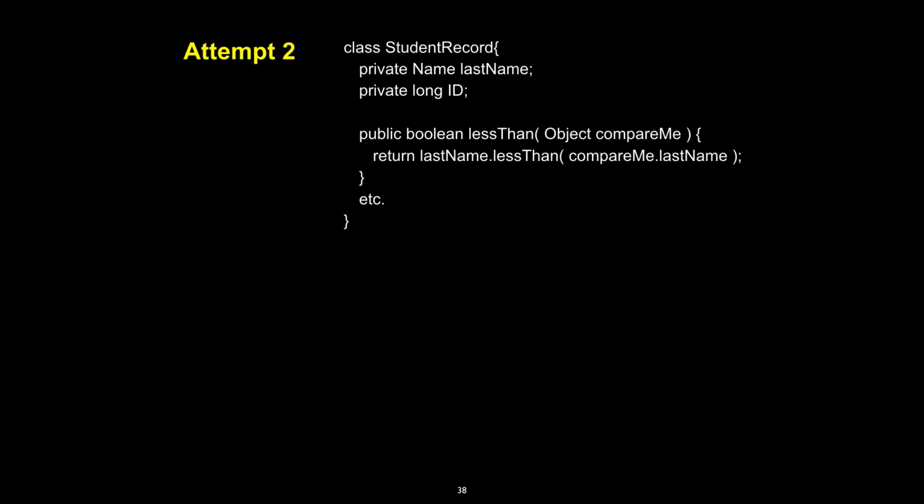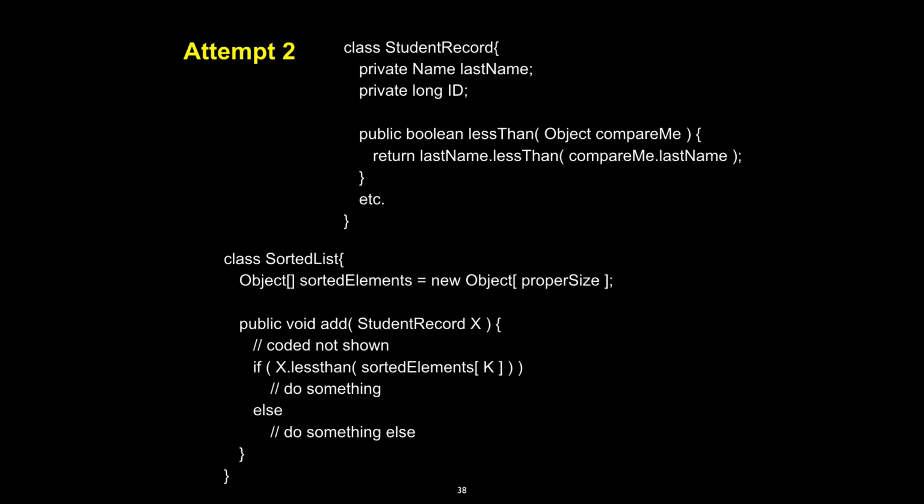So we could, since all students have some sort of method to compare each other, use that. And then, okay, this is better, because now we're only tied to the public interface of the things we're adding. So there's less coupling.